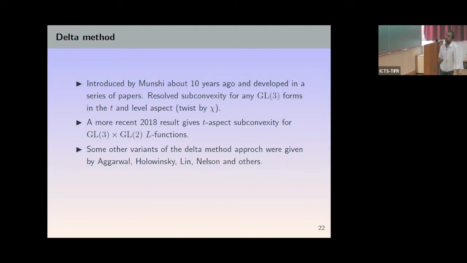There are some different variants of the delta method approach by Keshav Aggarwal, who is in the audience again, and Roman Holowinsky, Lin, Leung, and many others. There are different expressions of the delta method that you want to explore, to decide which one to use.